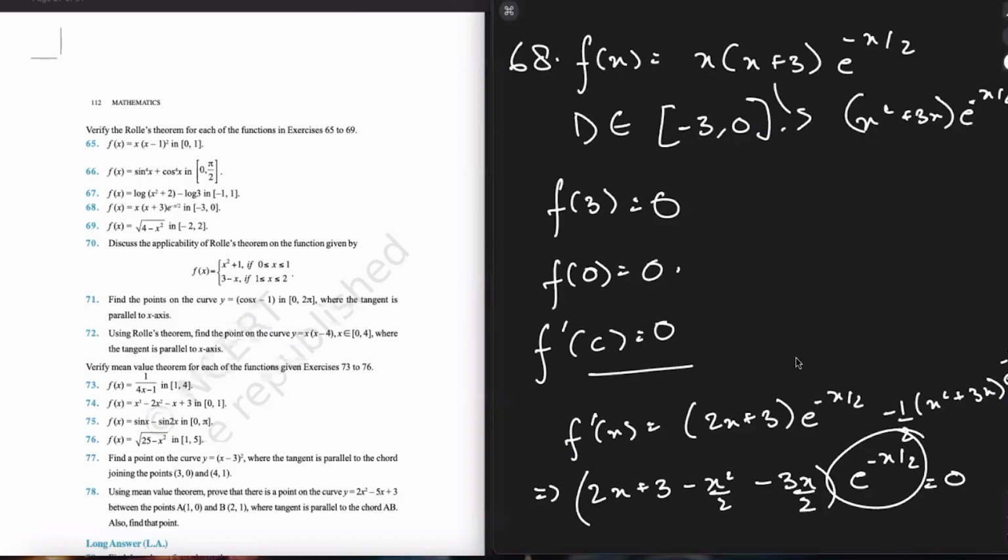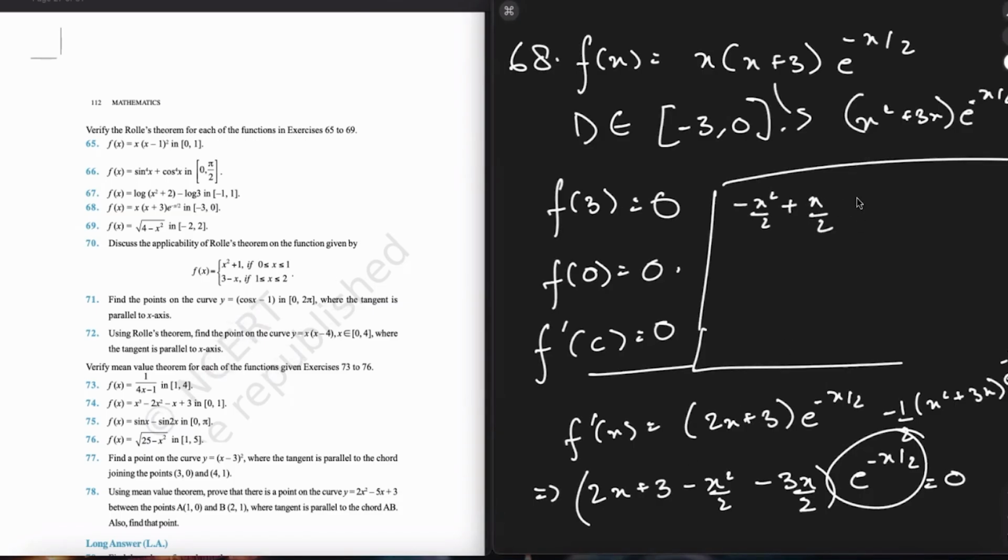Only this part can be equal to 0. So minus x square upon 2, 4x upon 2 minus 3x upon 2, that is x upon 2, plus 3 equal to 0.